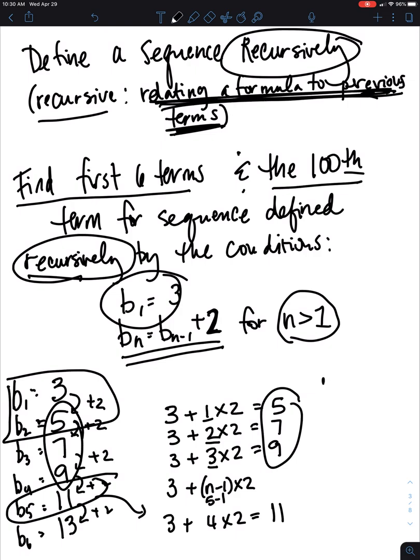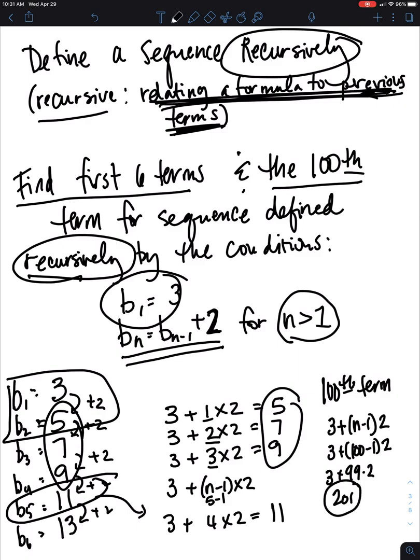So if we want to find the 100th term, we're going to do the first term, 3, plus n minus 1 times 2. So 3 plus 100 minus 1 times 2. So 3 plus 99 times 2, which is going to be 201. Okay, and that's how you find the 100th term.